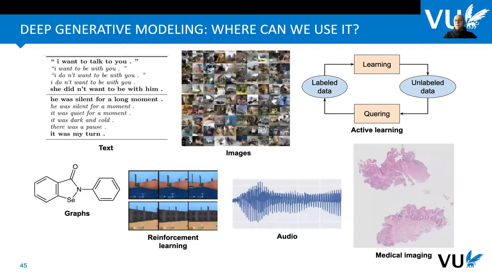And medical imaging, and all different kinds, astronomy data, weather forecasting. So you just name it, all right? It seems that deep generative modeling is useful. And I'm telling you that this is definitely useful, and I'm telling you why.